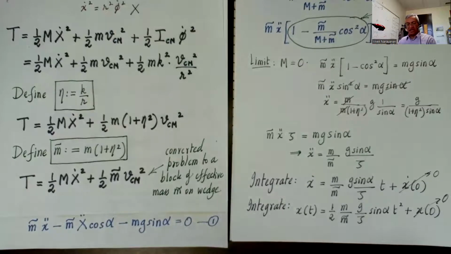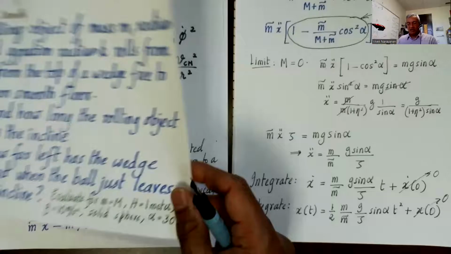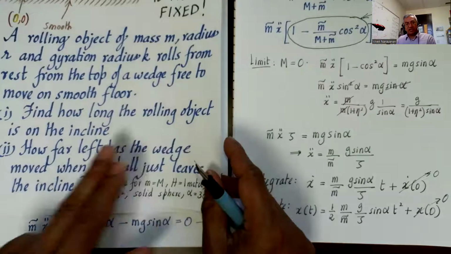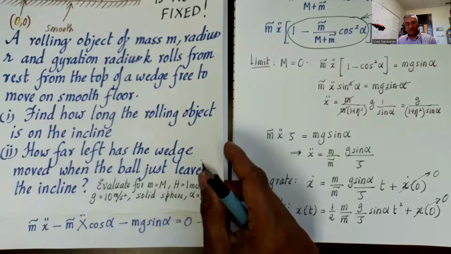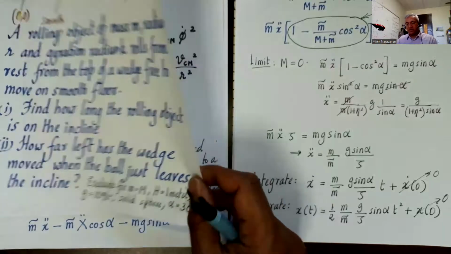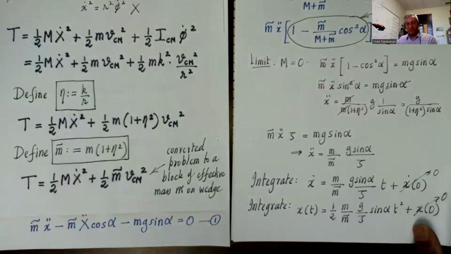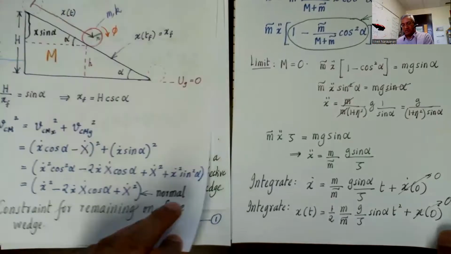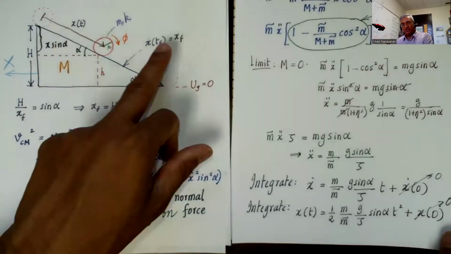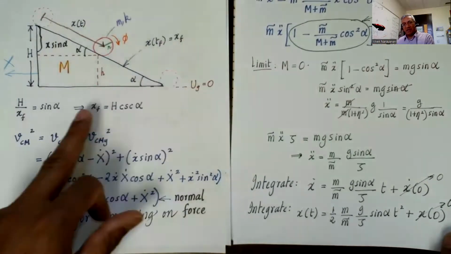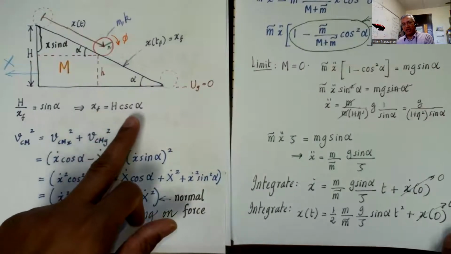So the last thing we have to do is fix the time. One of the aims of this problem is to see how long the rolling object is on the incline. So we're answering the first part right now. Now, to do that, we have to use the fact that when the object has come to the end, it has covered a distance x sub f. But x sub f is h cosine alpha.